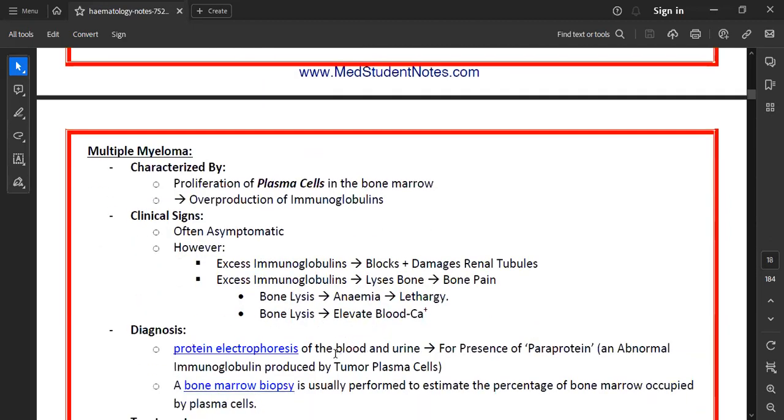Even this one, multiple myeloma, I won't go much into it. You just need to know what it is, but it will still be covered again. It is a condition characterized by proliferation of plasma cells in the bone marrow, leading to overproduction of immunoglobulins.